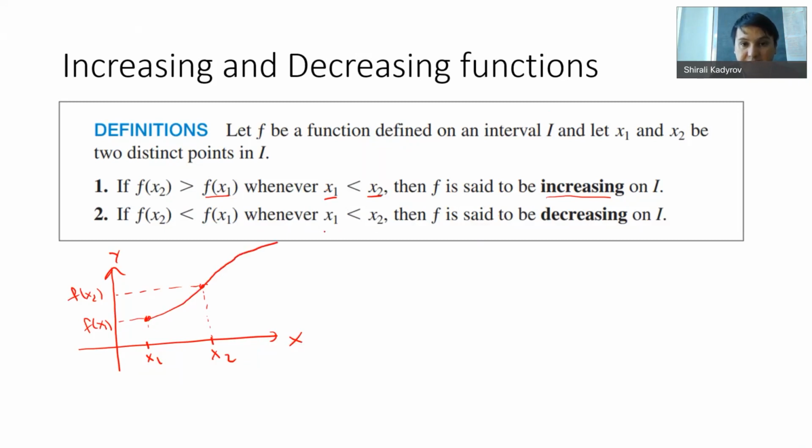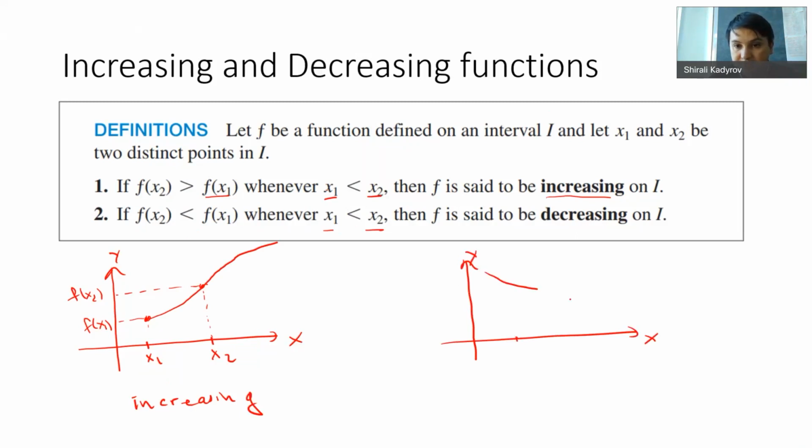And decreasing is, well, again, if x1 is less than x2, then it's the opposite. So f of x2 is now smaller. Let me give an example of the graph of a decreasing function. It's something like this. It goes down.